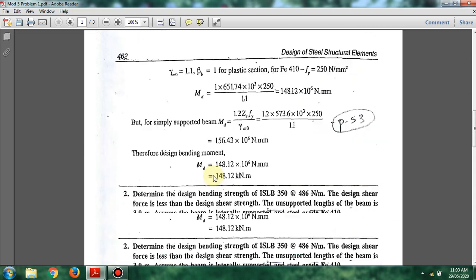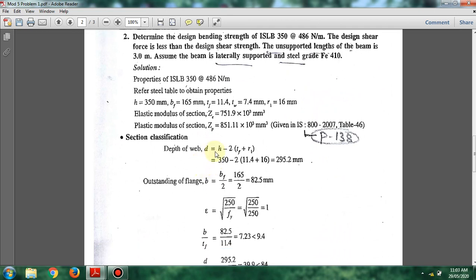We have to calculate the depth of web. The actual diagram will be like this. These are the flanges, and this is the web portion. For the web portion there is a curve here.